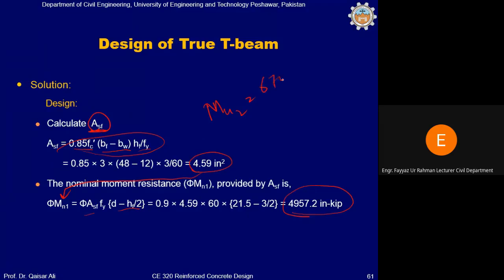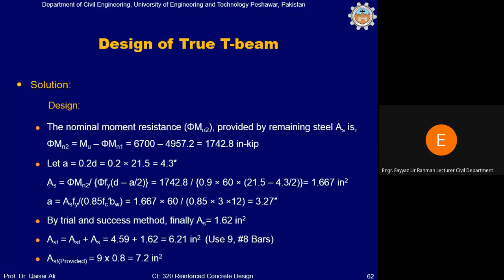So 6,700 minus 4957.2 inch kip. From this you calculate Mu2, and once you calculate Mu2, the rest of the design is just like the rectangular beam design. Clear? So you see Mu2 is 1742 inch kip.